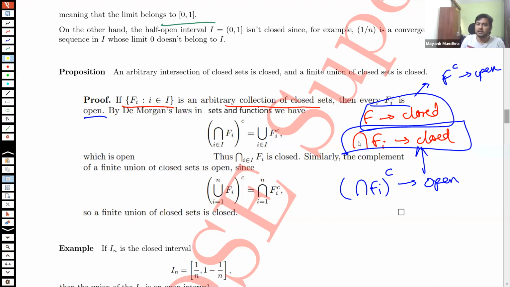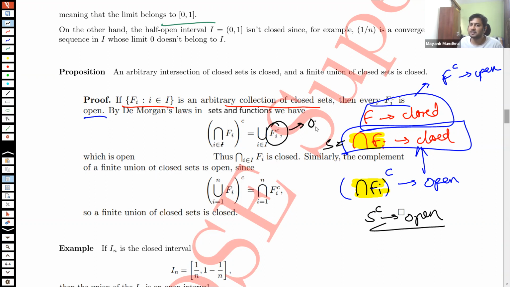Okay, so when you're looking at the intersection of Fi, start looking at it as some set S. So I have to show that this set S is closed. So what I do is, show that S complement is open. So how do you do that? You start with S complement. This is the union of the Fi complements. Now each of these Fi is closed. So each of these Fi complements is open.